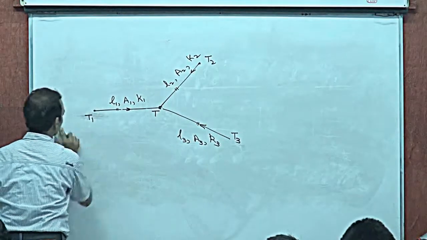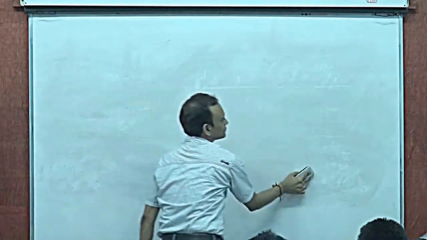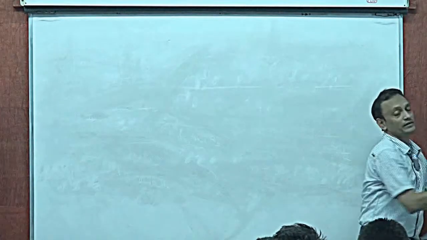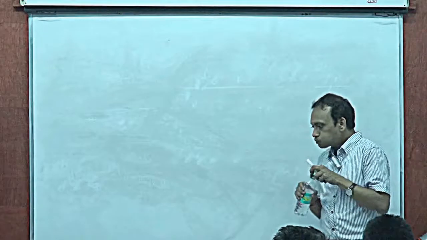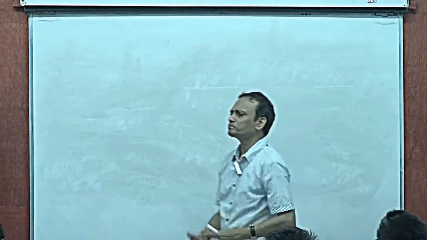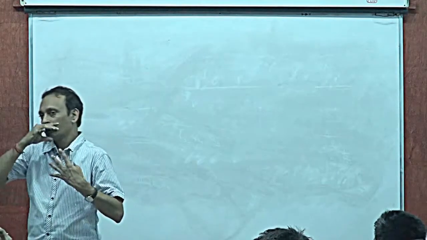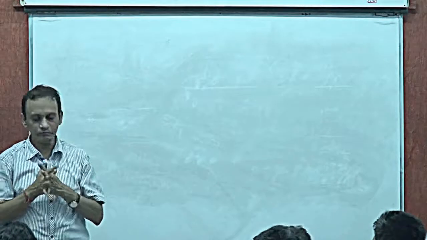Now let me look at cases which are one-dimensional, steady state, but say the area of cross-section could be varying.